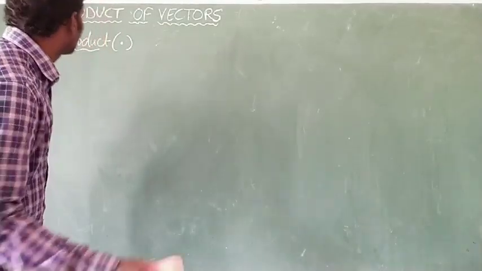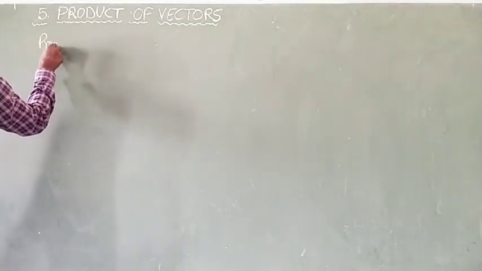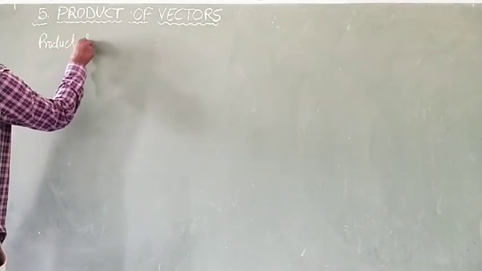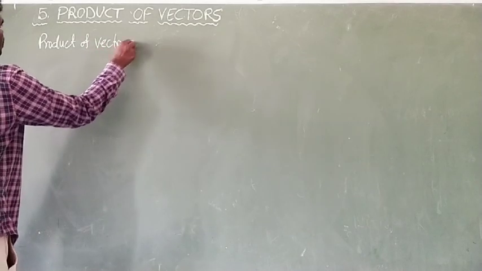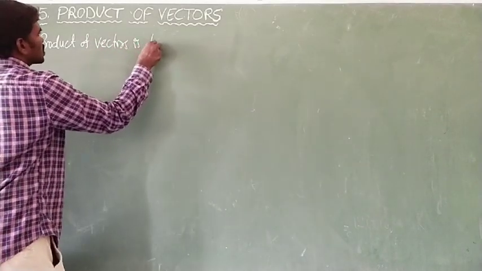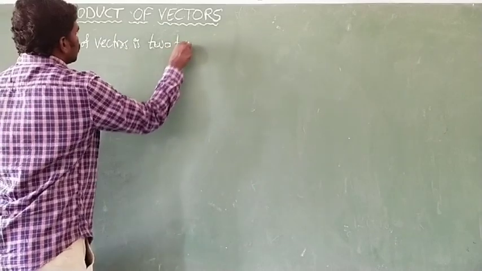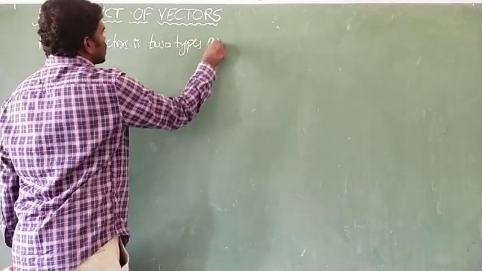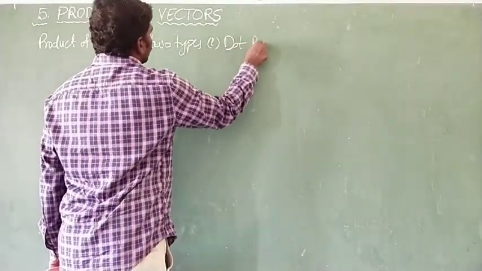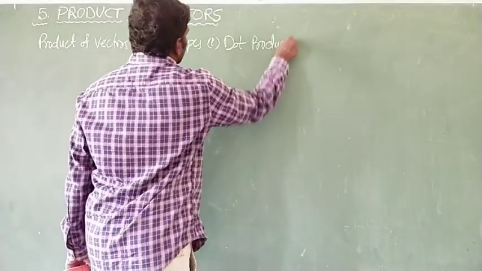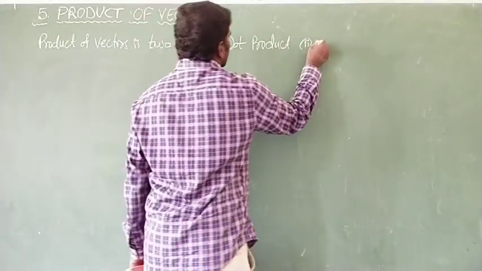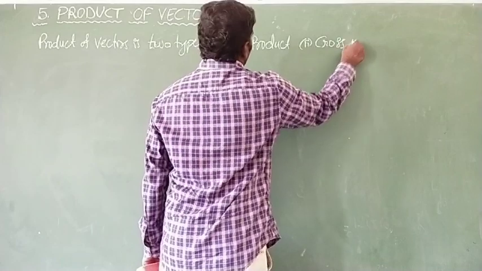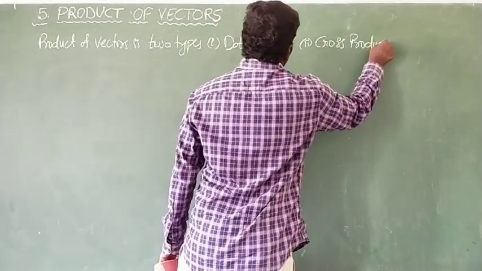Please write a statement: product of vectors. Vectors products are of two types. One is dot product, and the second one is cross product. Only two types it is.